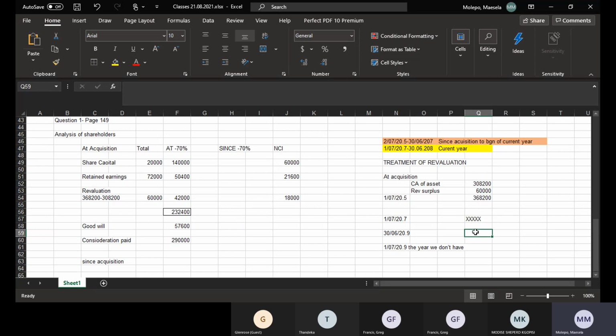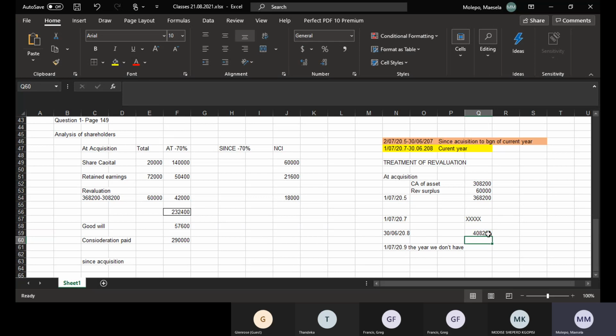So based on the information we are given here, we were told that on the 30 June 2008, here should be 2008. On 30 June 2008, the value of the asset, or the value of this land and building, is sitting on 408,200, the one for B. So here is sitting on 408,200.